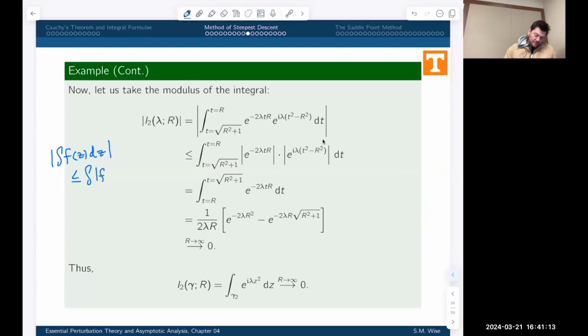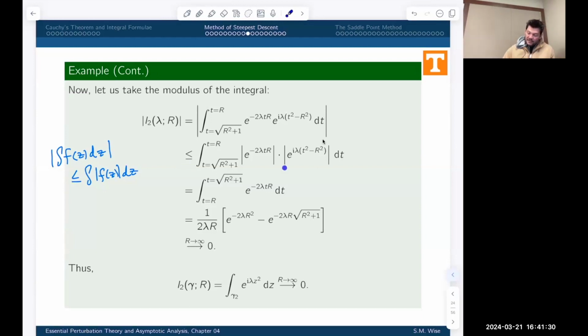The modulus moves inside, but the price we pay is we no longer have equality. We have a greater than or equal to.